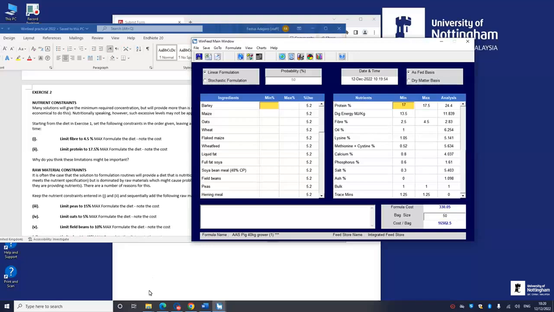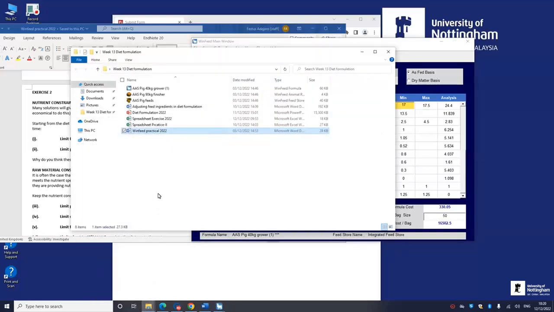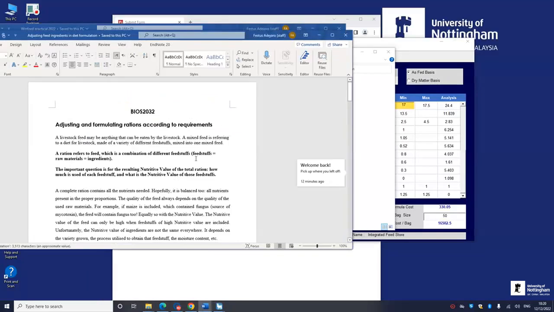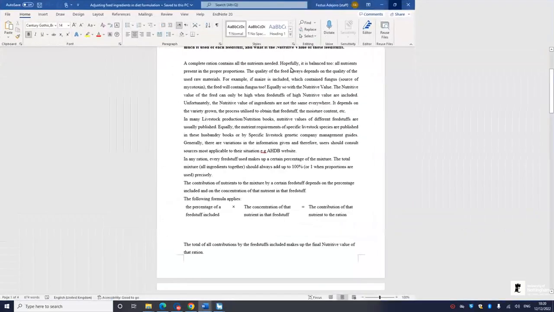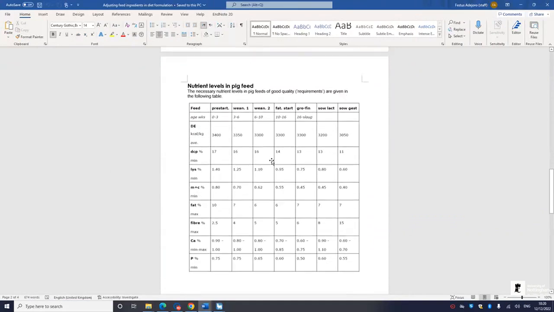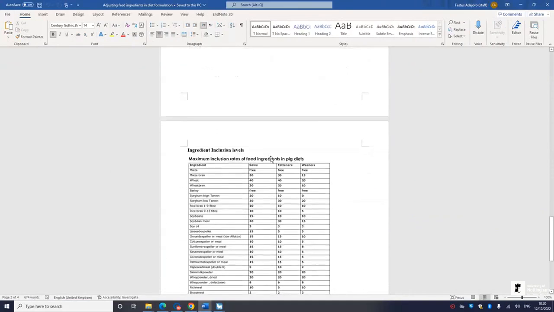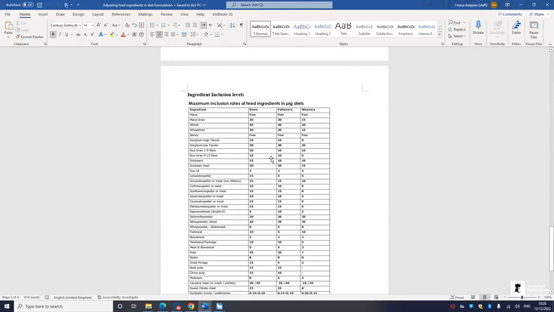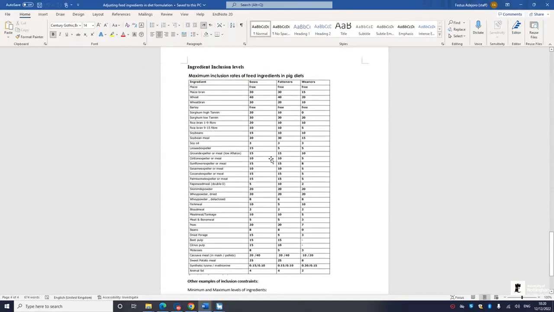For example, in one of the files I sent earlier on, towards the end of the file, you will see nutrient levels in pig feed, maximum inclusion rate of feed ingredients in pig diet. You can actually tell the computer, maize, I can use maize as much as possible.